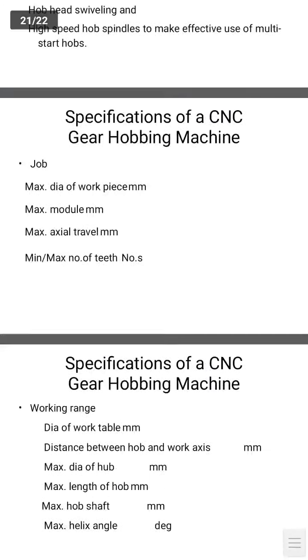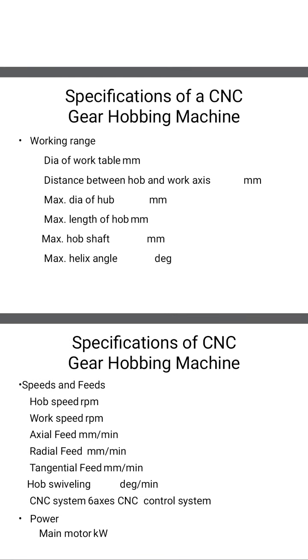Today we have studied the specifications of different types of machines: specification of horizontal machining, specification of vertical machining, specification of CNC lathe. We have studied these specifications and some definitions also: CNC grinding machine, surface grinding machine, gear hobbing machine.